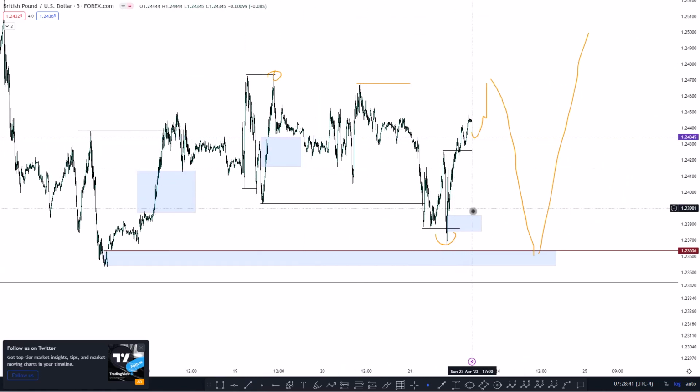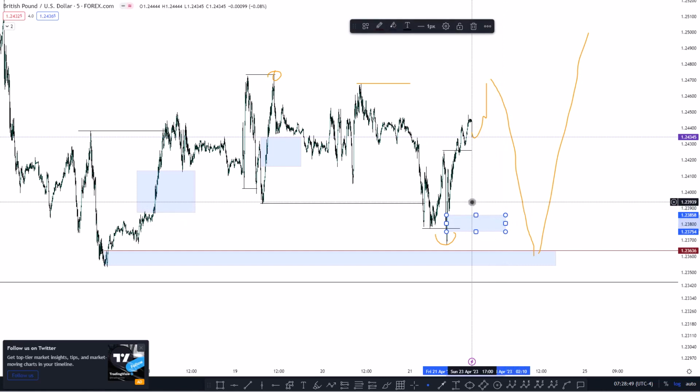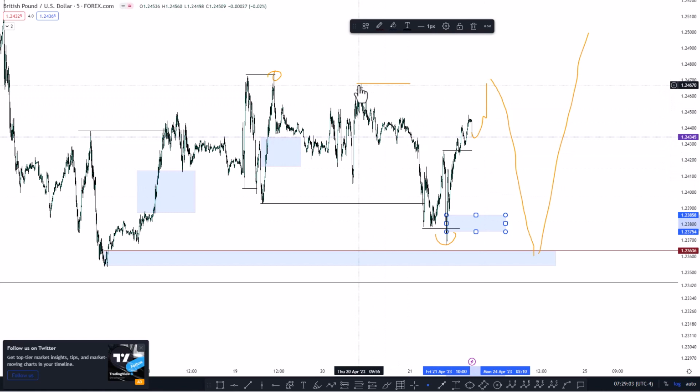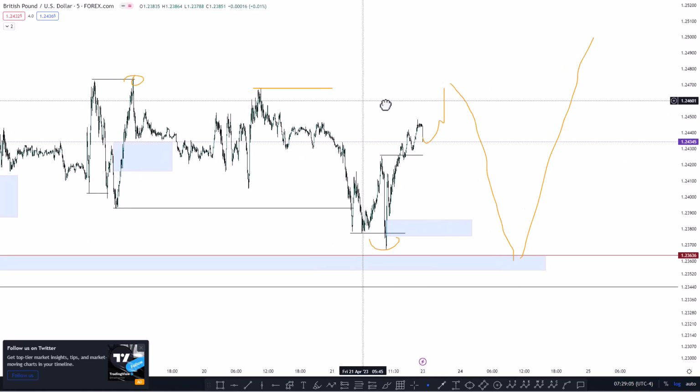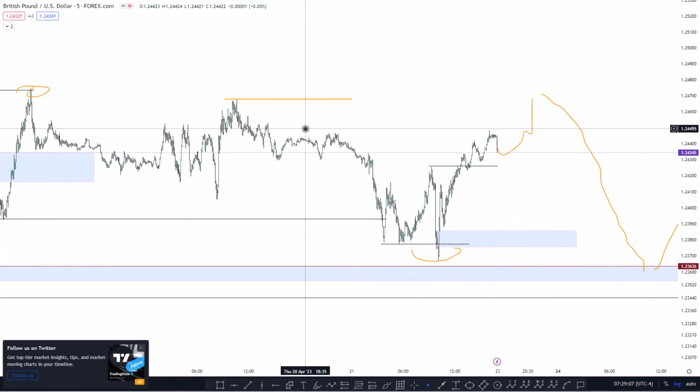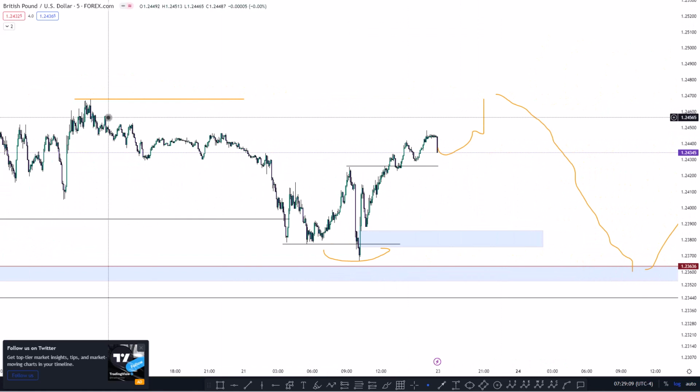So if the market trades on this level, I can be looking for an opportunity to buy if I see a reaction. If I see a reaction based on trading sessions, maybe a London displacement or New York displacement, then I can be a buyer on this level, targeting, for example, this high or this short term high you have here as my liquidity.